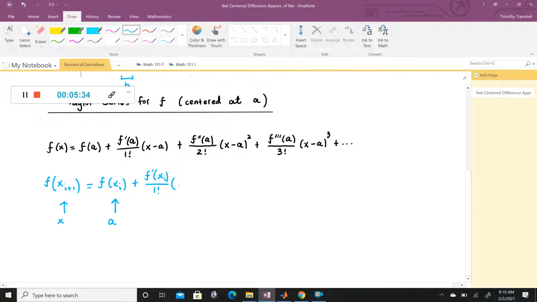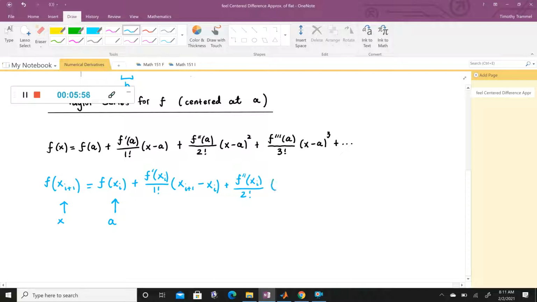And then we'll have an x sub i plus 1 minus x sub i. And we're going to do one more of these, plus f double prime of x sub i all over 2 factorial.